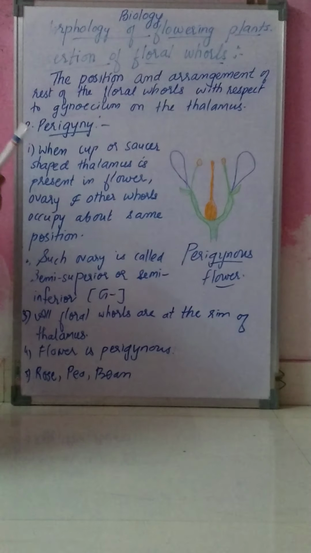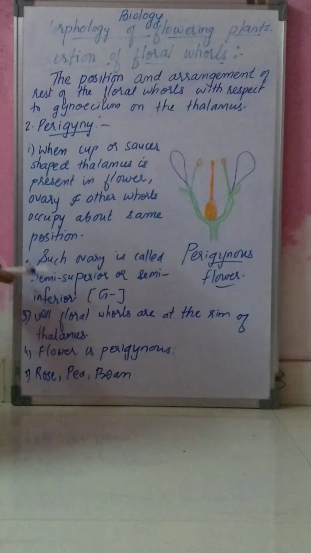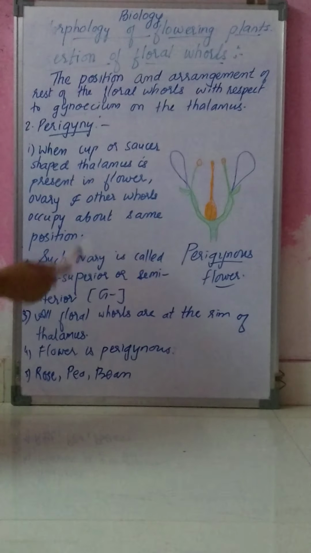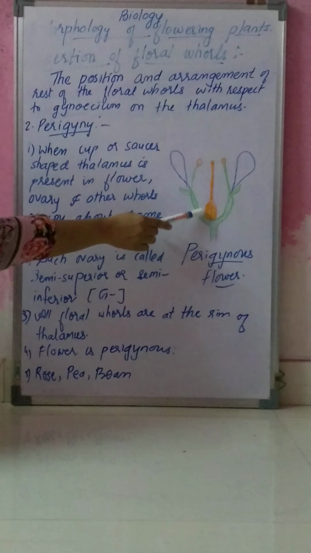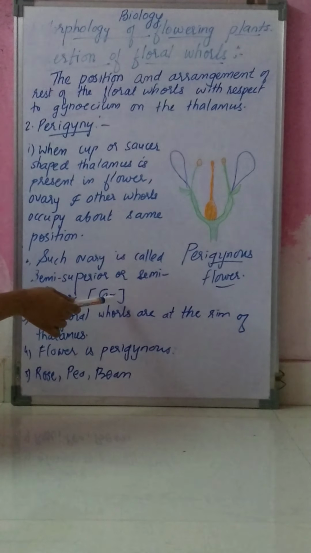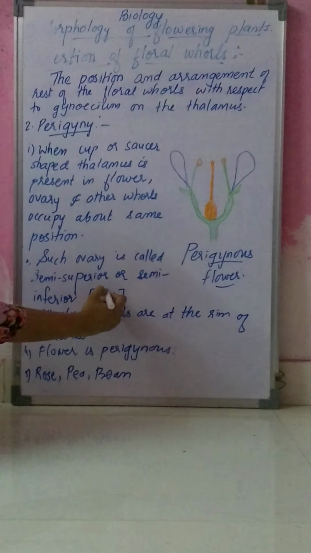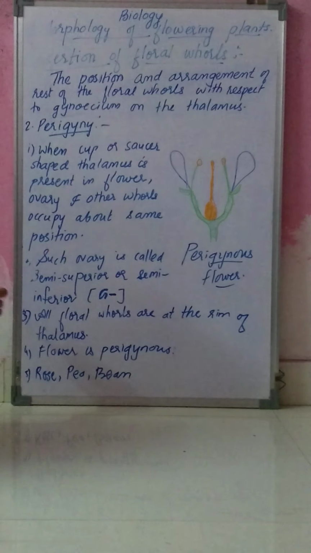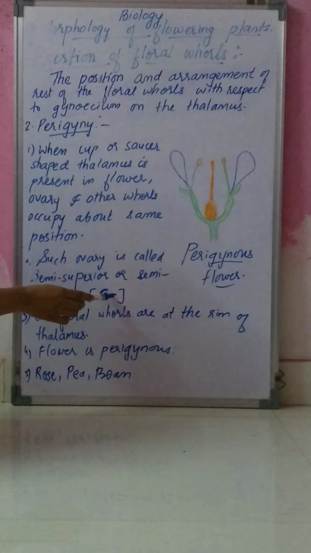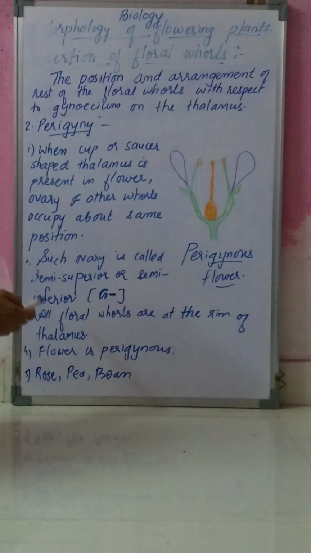And this ovary is called semi-superior, or you can say semi-inferior. Sometimes it is semi-superior, sometimes it is semi-inferior. You can see the sign is in the middle. G is for gynoecium, and the middle sign indicates that the ovary is semi-superior, or semi-inferior.